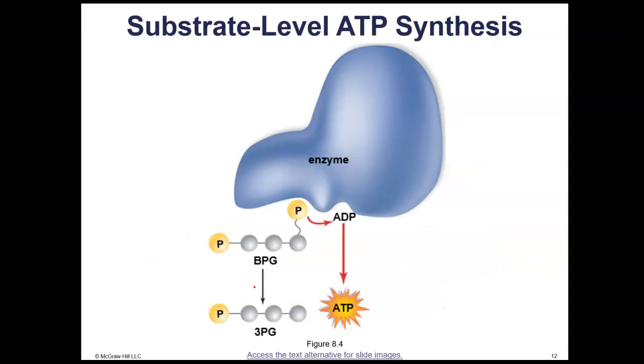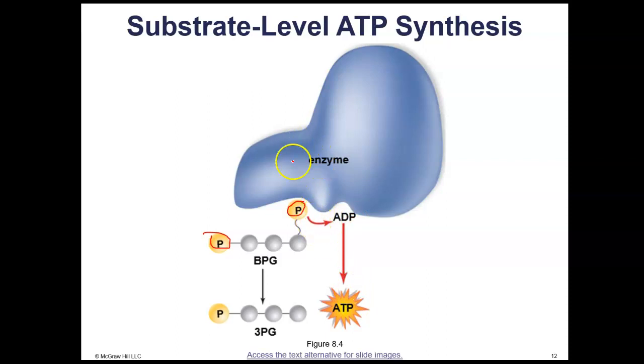Now, the way the ATPs are produced in glycolysis is called substrate level ATP synthesis. And all that means is there's some kind of chemical. It's called BPG, actually. It's got 2 phosphate groups. Here's one, here's the other. And ADP has 2 phosphate groups, but it needs another one to become ATP, adenosine triphosphate.